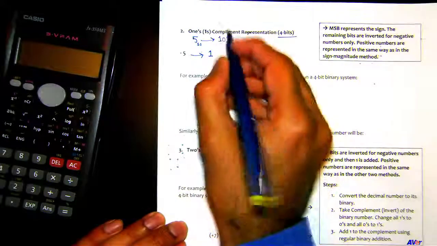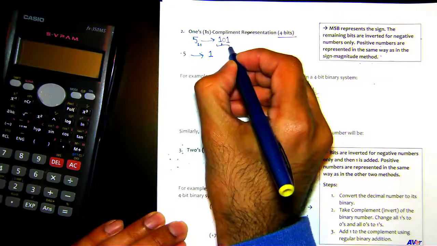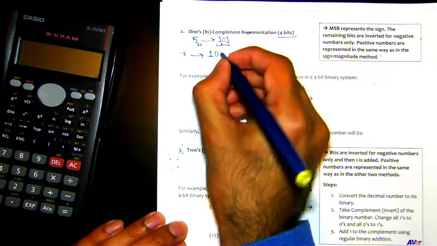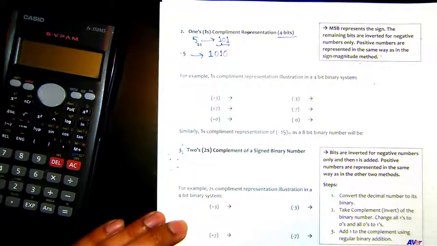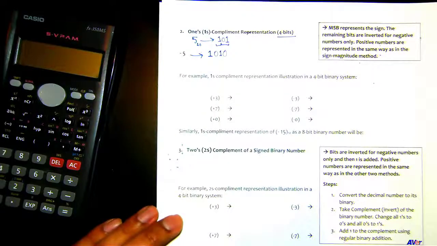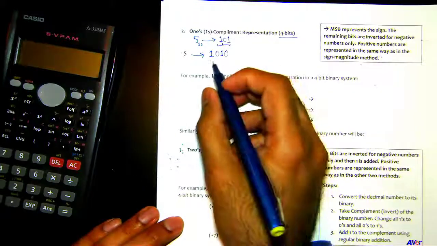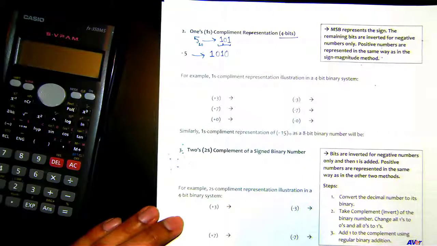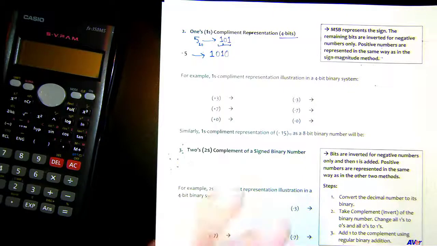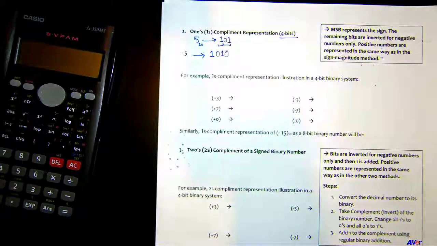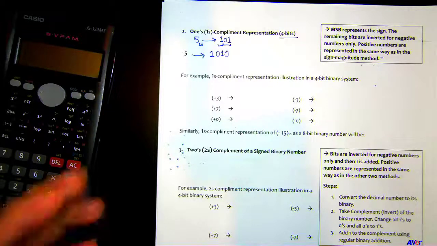So what is the inverse of 101? It's going to be 010. So in 1s complement representation, -5 is 1010 in a 4-bit system. And again, it may change in a 5-bit or 6-bit system. So don't get confused about why we are getting two different binary codes for the same number in different configurations.